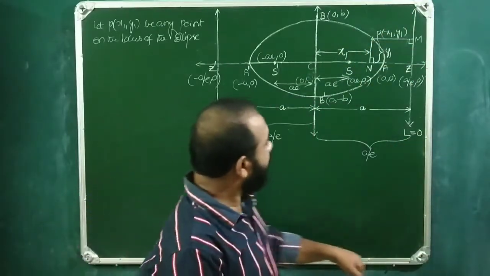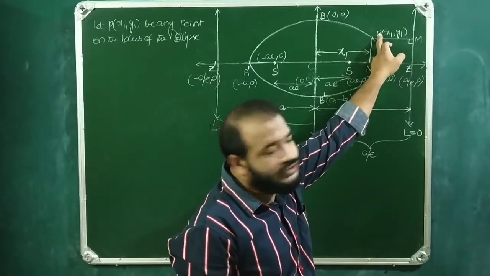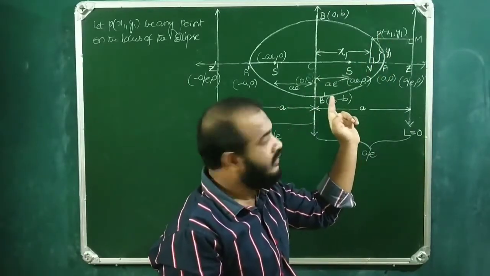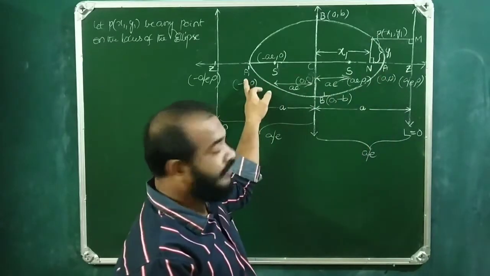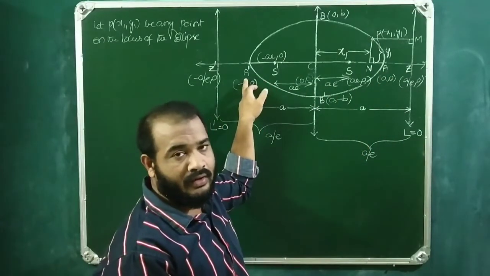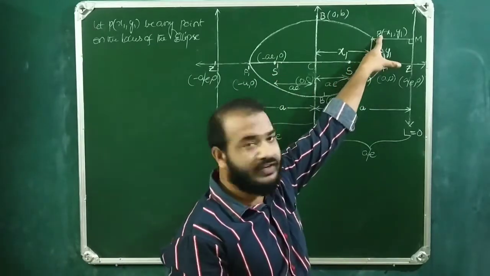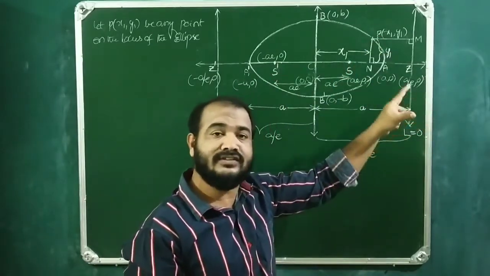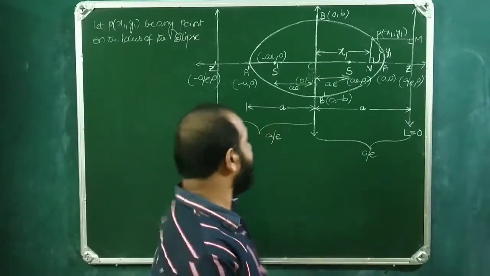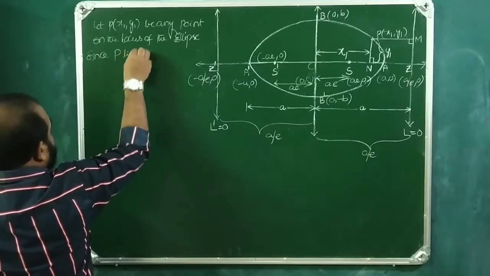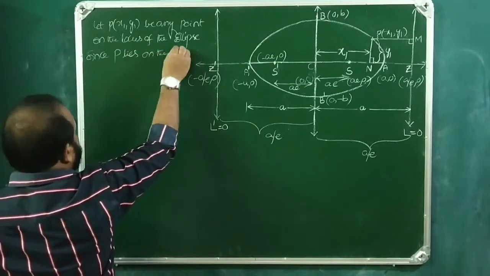Since P is also a point on the ellipse, like A and A dash, we have applied the definition. We can also apply the same definition for this P as well, since P lies on the ellipse.